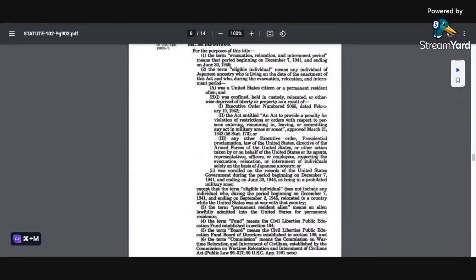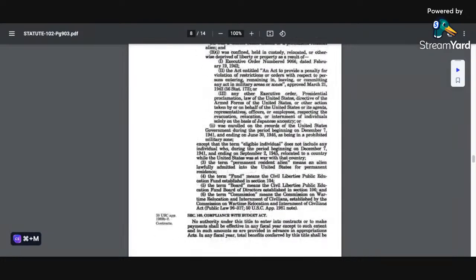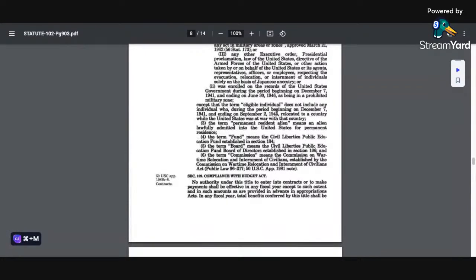respecting the evacuation, relocation, or internment of individuals solely on the basis of Japanese ancestry, or II, was enrolled on the records of the United States government during the period beginning on December 7, 1941, and ending on June 30th, 1946, as being in a prohibited military zone, except that the term eligible individual does not include any individual who, during the period beginning on December 7th, 1941, and ending on September 2nd, 1945, relocated to a country while the United States was at war with that country.